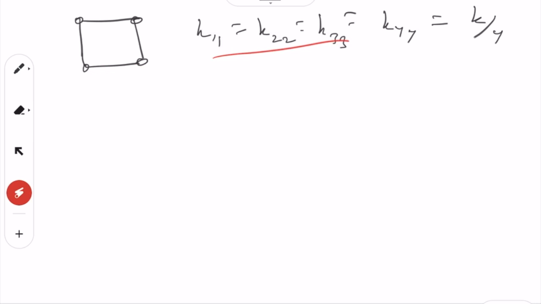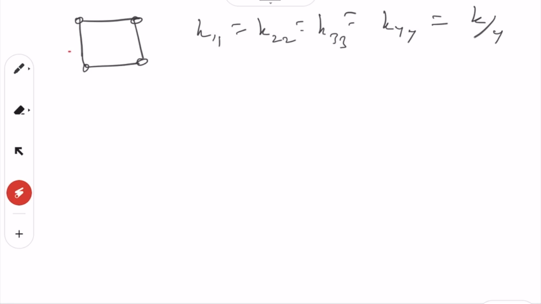We don't know what k12 is, but what we know is k12 will be equal to k23 will be equal to k34 will be equal to k41, because all symmetric, right? One thing, this will not be equal to this one because the width is different. So this will be equal to this one, and this one will be equal to this one.